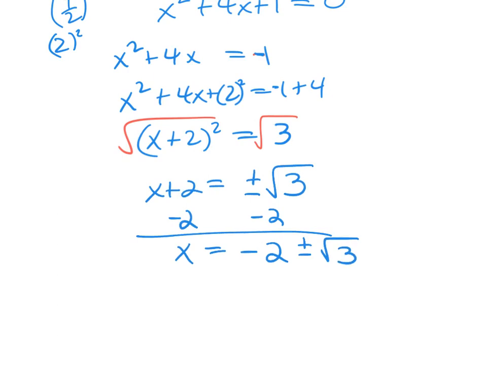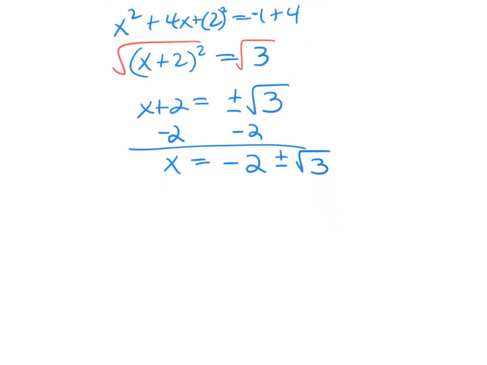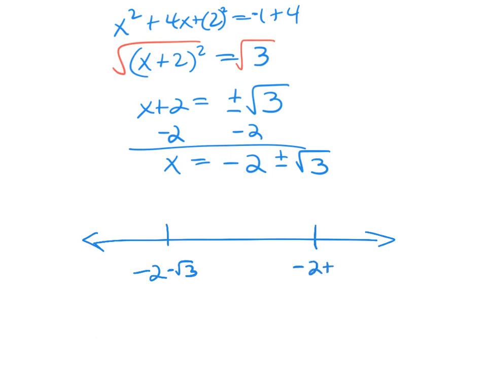So now I need to put this on my number line. So I'm putting -2 minus the square root of 3 and -2 plus the square root of 3. Now, I have to figure out where is my 0 located. So I need to approximate the square root of 3.